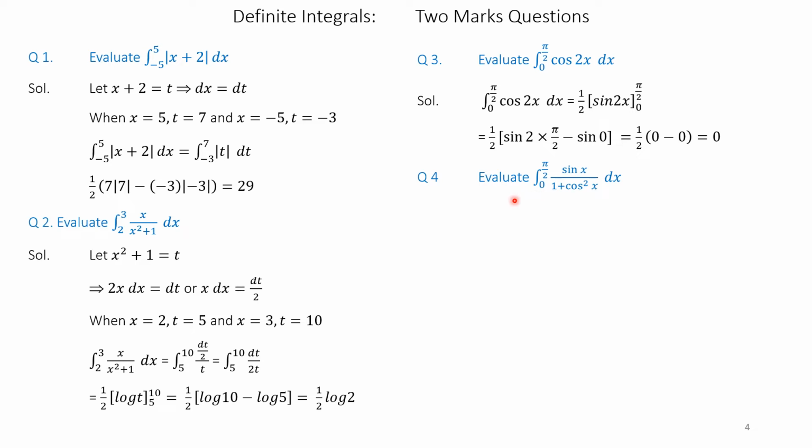Evaluate integral 0 to pi by 2 of sin x divided by 1 plus cos squared x dx. Now we have to solve it using the substitution method. So put cos x is equal to t. Therefore, differentiating, sin x dx is equal to minus dt.